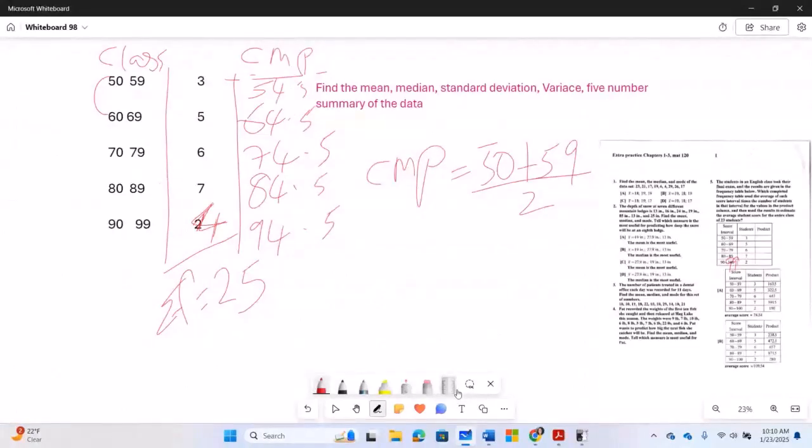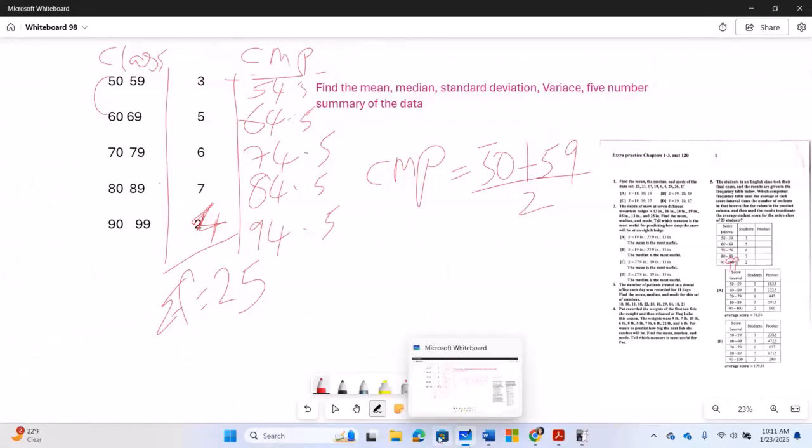Sometimes you are given grouped data, and you are told to find the mean, the median, the standard deviation, the variance, the 5-number summary, the interquartile range, and everything. Even though you don't know the raw data, in other words, the data is already grouped for you, and we don't know where the raw data is. They threw it away. So we have to make do with what we are given.